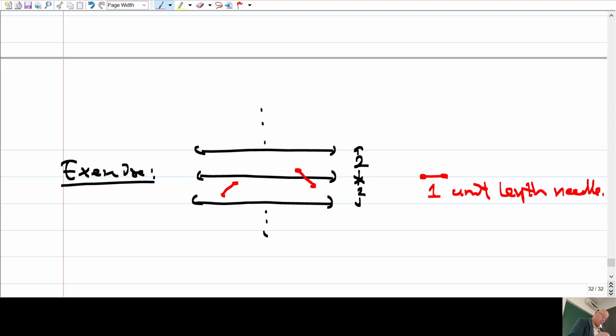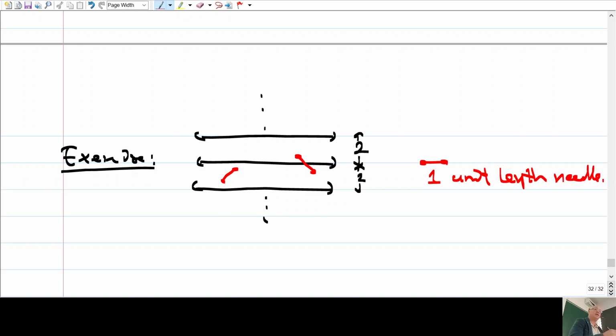So what is the probability that the needle will touch one of these lines?